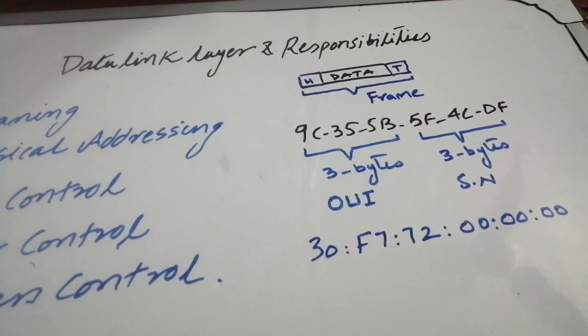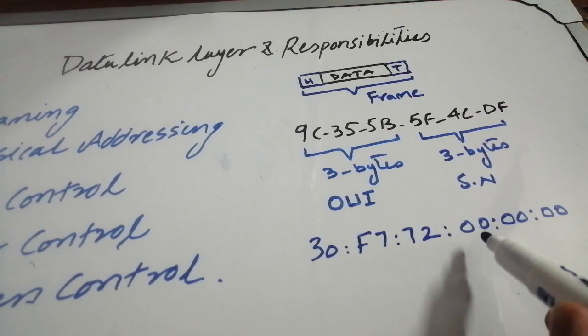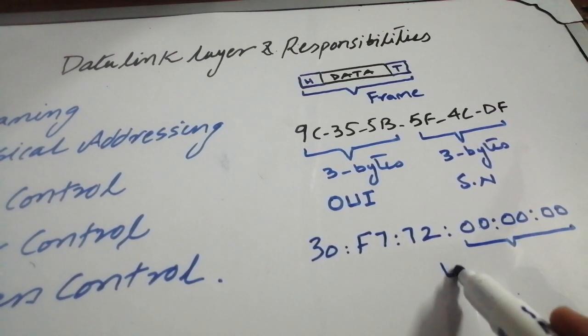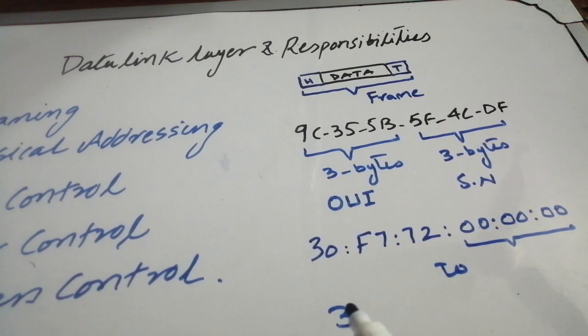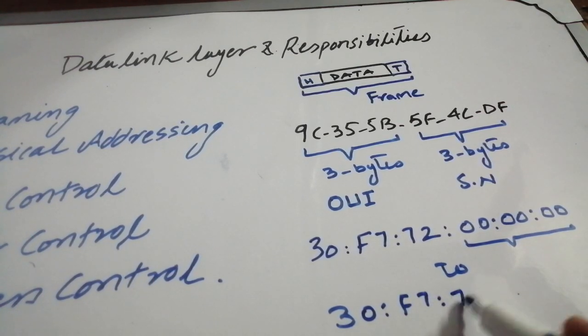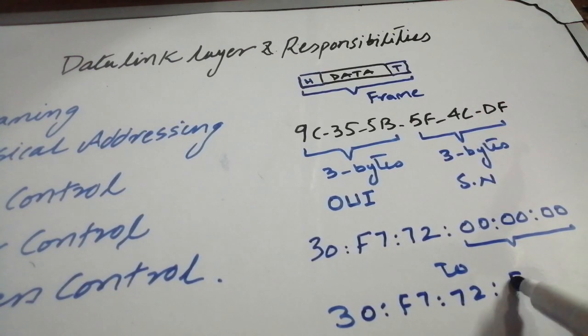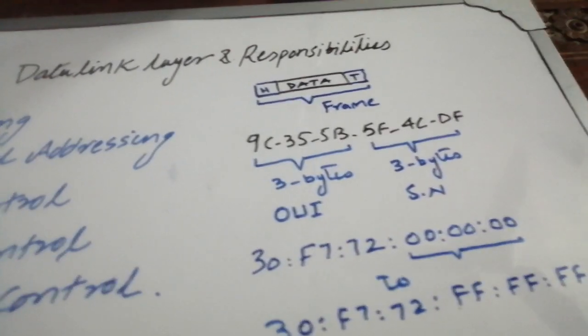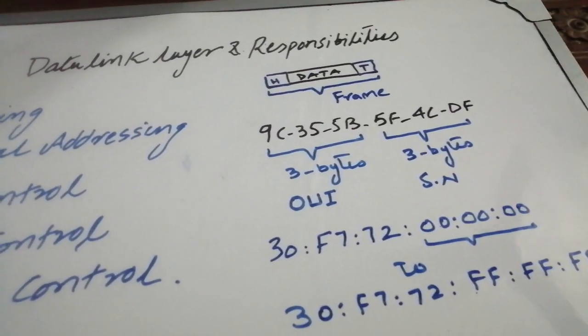So the series usually starts with all zeros and it goes up to all F's. And this is a hexadecimal value.